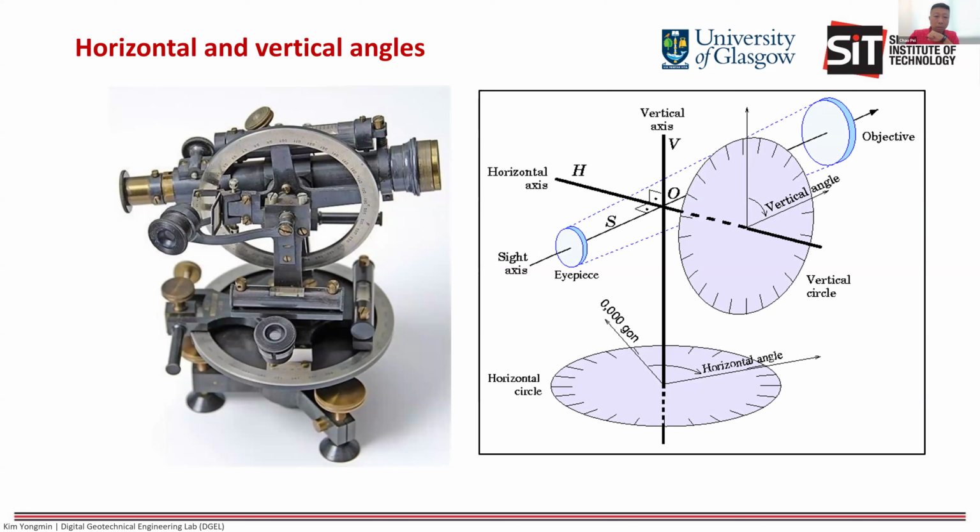In surveying you have two angles, horizontal and vertical angles, to consider. Horizontal angle is basically when you turn from one point, which is the benchmark or station, to another point. And the vertical angle will give you the elevation difference and when you check the level.